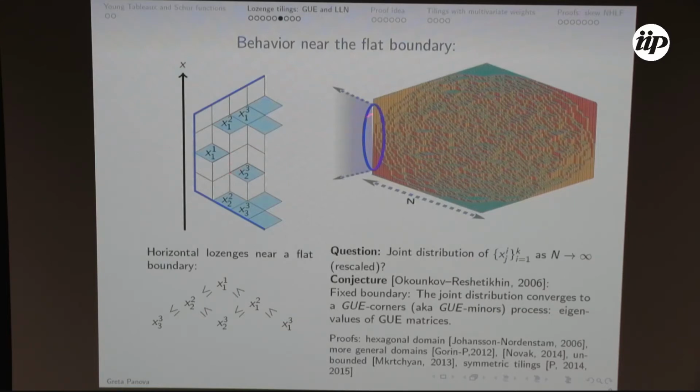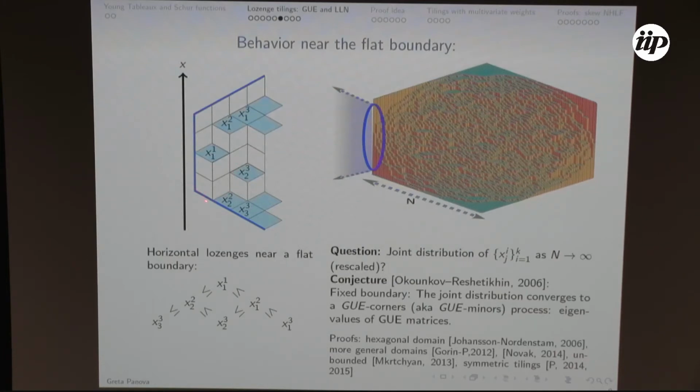If we have a flat boundary here, let's consider the horizontal lozenges on the vertical lines when we start moving one by one from the vertical line on this end. Then this number x corresponds to the height of this lozenge in the picture.